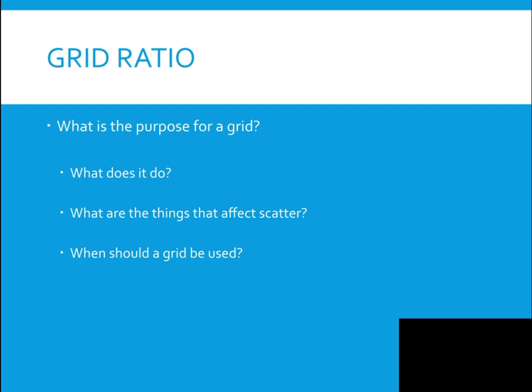Whatever strikes the image receptor goes into the formulation of your index number. So the scattered photons are part of that formula, and they affect your image. The purpose of the grid is to absorb some of those scattered photons.